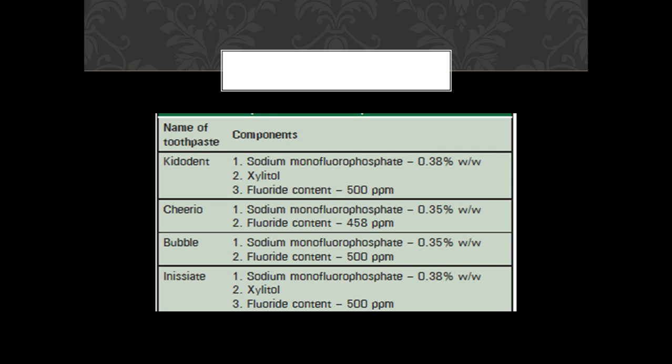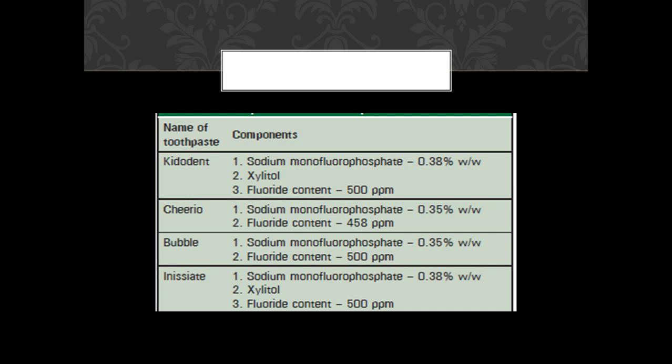And the amount of paste that you prescribe for a child is also very important. If the child is below the age of 2 years, you can recommend a smear layer of paste on the toothbrush. A smear layer is just applying a small layer of paste on the toothbrush.